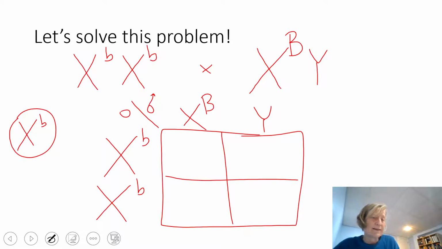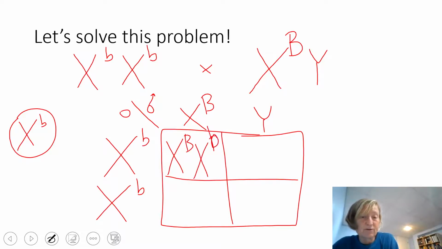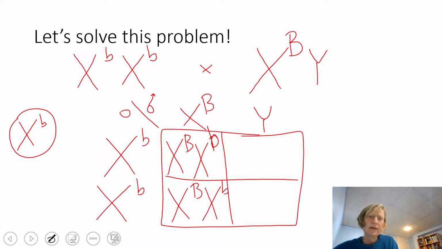Now, when we look at the potential offspring from this cross, let's mix them together. This is a female who has one big B and one little b, in other words a female with normal vision. The second row is similar; all of the females here have normal vision. This box over here is a male, and I know it's a male because it inherits a Y chromosome, and he inherits the recessive allele for color blindness.